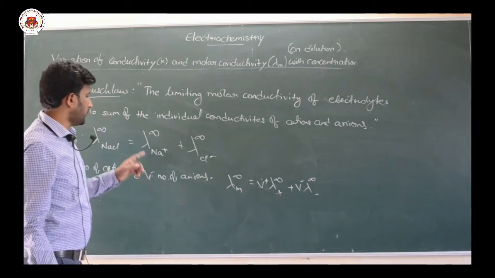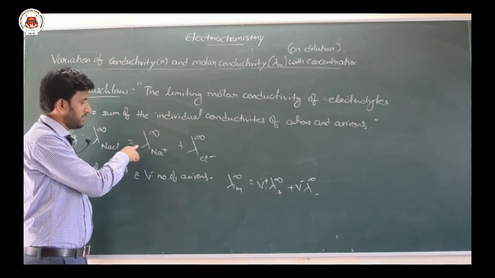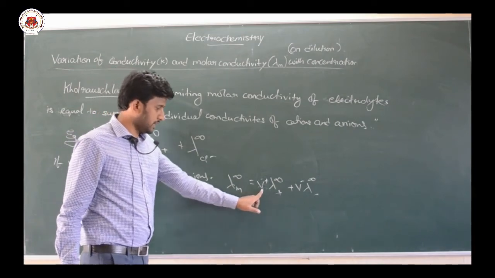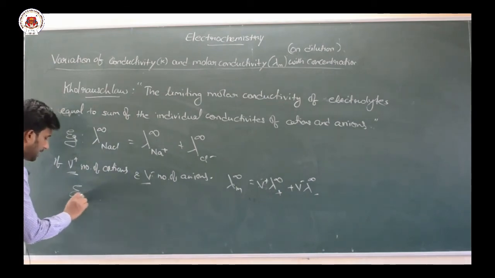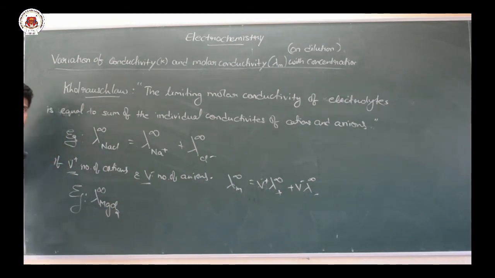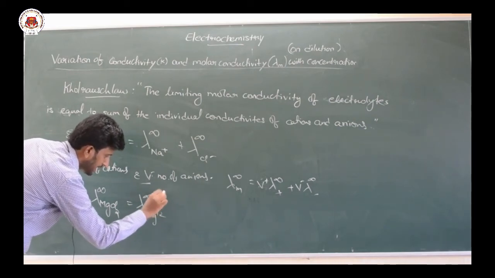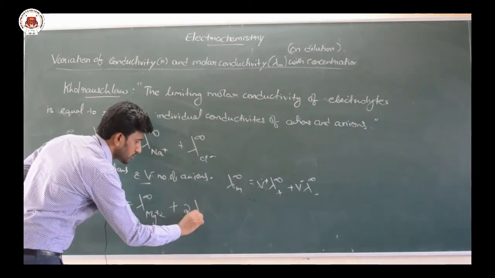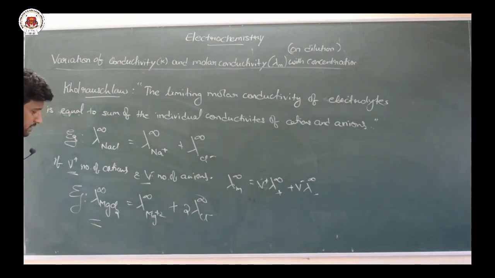If there is only a single cation and single anion, you need not multiply with any number. Otherwise, you need to multiply with the number of cations and anions. For example, to calculate lambda infinity of MgCl2: there is only 1 cation, so directly lambda infinity of Mg 2 plus, plus 2 into lambda infinity of the chloride ion.